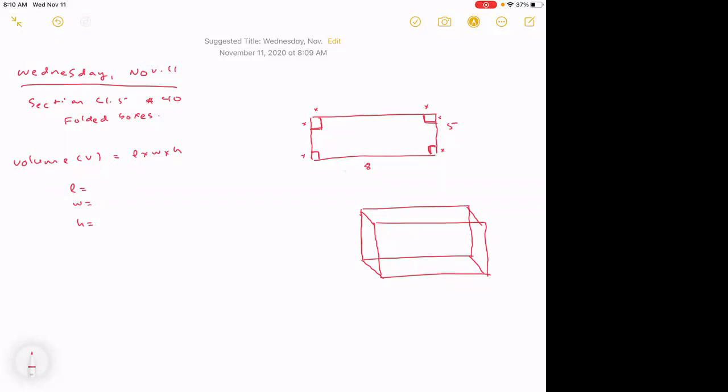Do the same thing on this corner, this corner, and this corner. Then you fold that up to form a box, open on the top. See that? So then, what would be the length of that box?